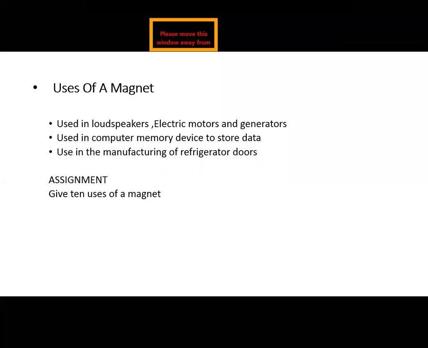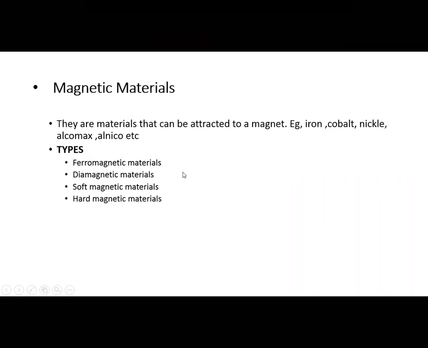Okay, it's also used in computer memory devices to store data, as Marina said. It's also used in manufacturing of freezer doors, as we all have in our various homes. You realize that sometimes if you just leave your freezer door, it closes on its own. You don't have to apply any pressure again.